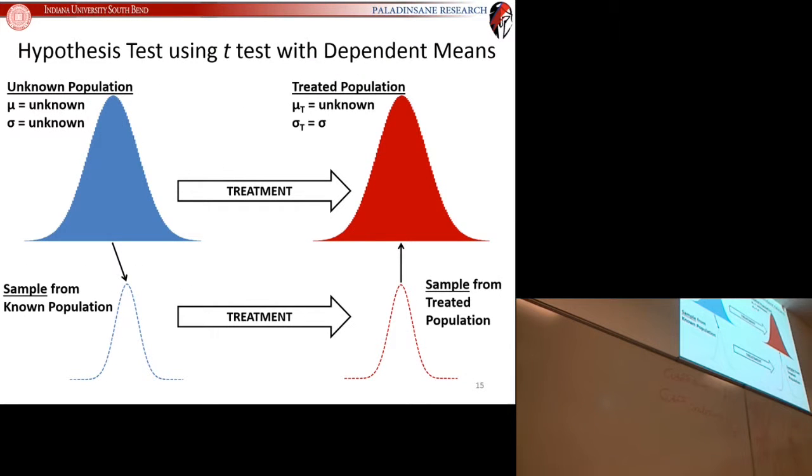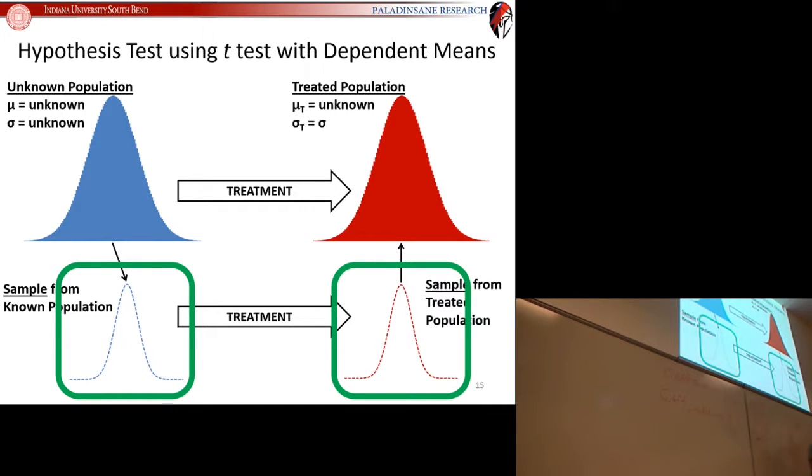All right, so in this case, we have two different populations. We have the hit population over here. We got the smashed into population over there. And we're asking, are they really two different populations? So we get one sample from the hit population. We get another sample from the smashed into population.